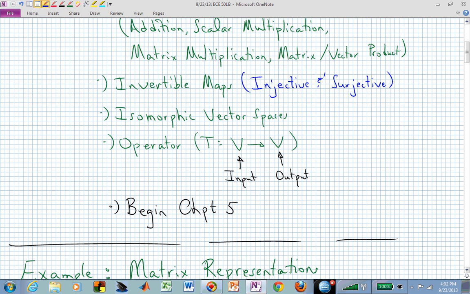So you take something from your vector space and map it back into that vector space. That will then be an operator, and we'll be working the rest of the semester essentially with operators instead of this more general notion of a map. And then that specialized into a linear map. Now, if we restrict the output space to be equal to the input space, then we're talking about an operator. And that's where we'll continue then with the remaining chapters in the book, chapter 5, 6, etc., continue with this notion of an operator.